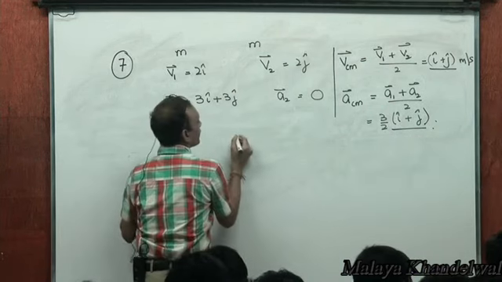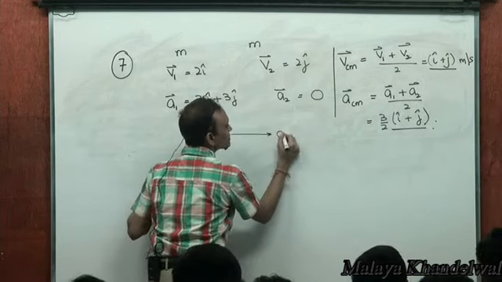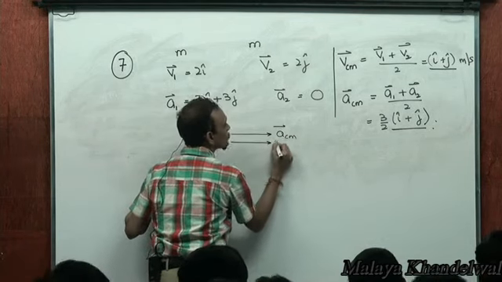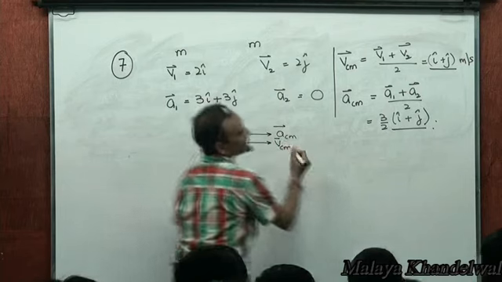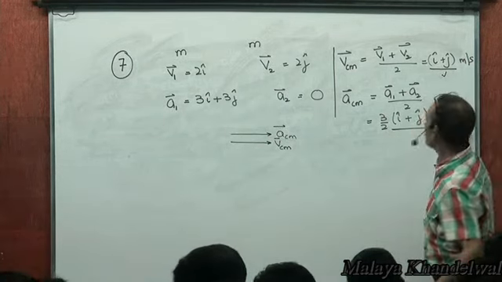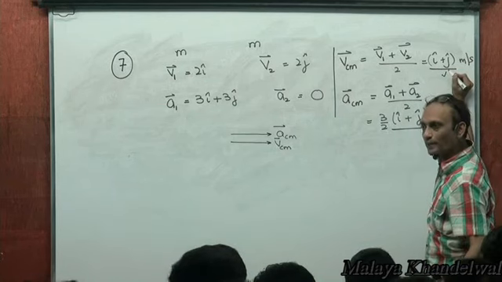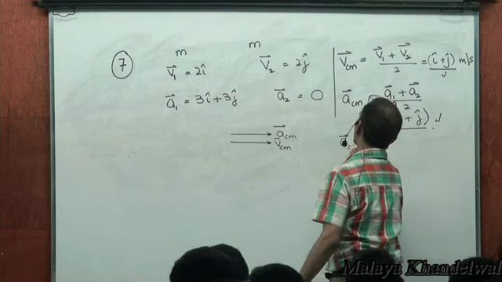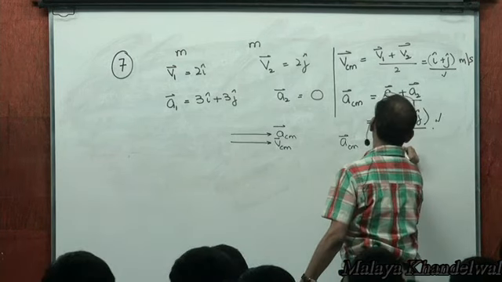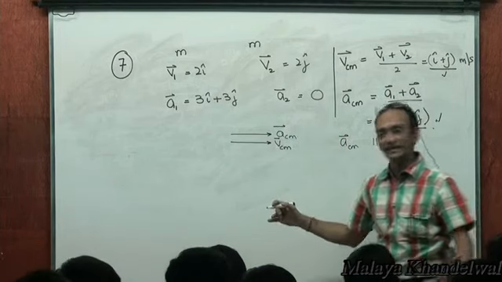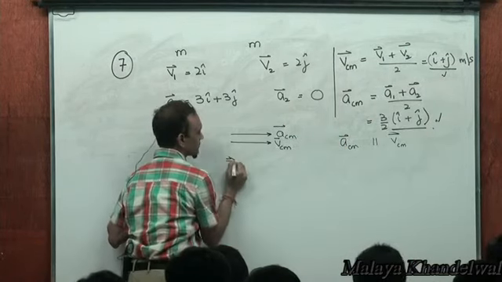The acceleration of the center of mass is this way. The velocity of the center of mass is also this way. Are these two vectors not parallel to each other? They differ only by a scalar 3 by 2. They are parallel vectors. So if a_CM is parallel to v_CM, then the path that it would undertake is a straight line.